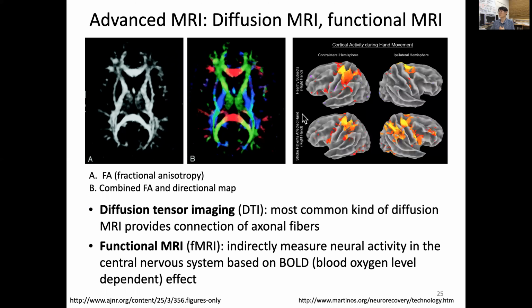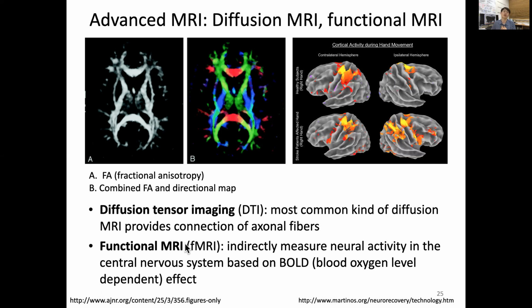So the next is a functional MRI example. This is from a paper showing cortical activity during hand movement, related to right-handedness and left-handedness, and also to stroke patients who are affected by this.